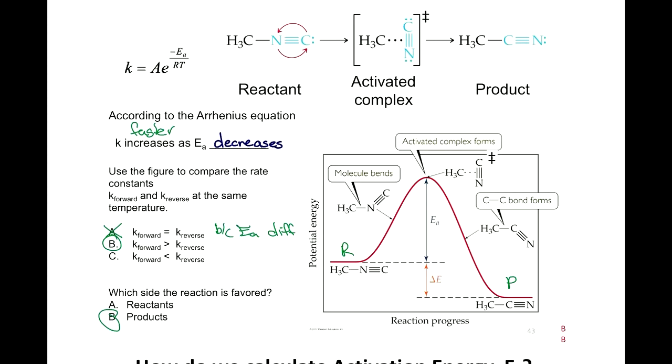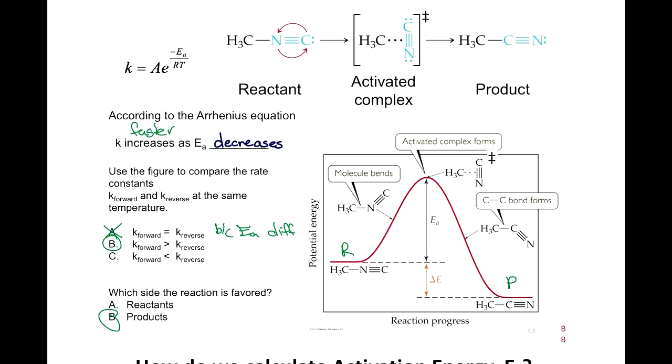I like to think about it this way. The reaction coordinate diagram's like a jungle gym, all right? And all our particles are like crazy children. If you leave the children on the jungle gym for a long time, they go forward, they go reverse, they go forward, they go reverse. If you leave them there for a long time, they'll all end up on the product side because it's harder to get up the other way. I see they all start to accumulate on the low side of the reaction over here.